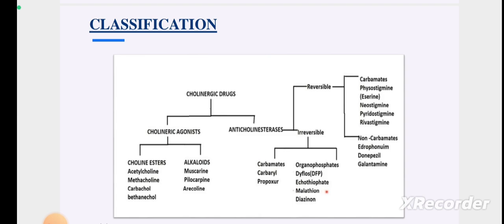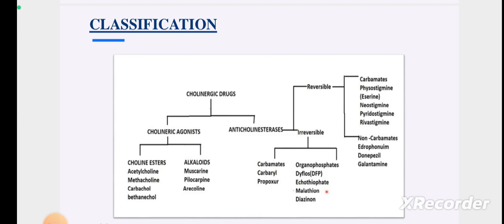Cholinergic agonists are choline esters like acetylcholine, methacholine, carbachol, bethanechol, and the second category is alkaloids: muscarine, pilocarpine, arecoline. And the second type is anticholinesterases, that are acetylcholinesterase inhibitors. They are of two types, reversible and irreversible.